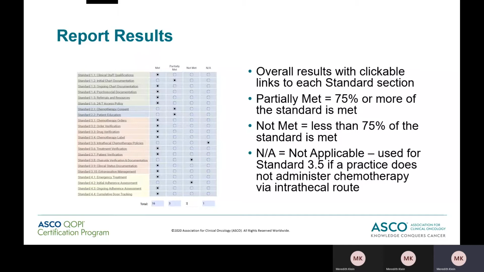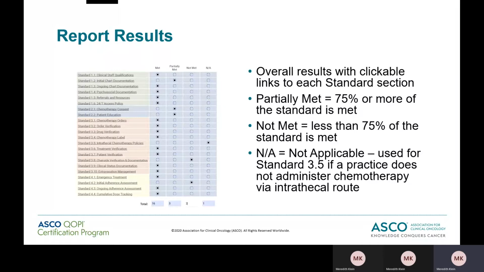I wanted just to note that there are a couple of different terms here that we've defined. A partially met standard means that 75% or more of the standard is met. It will still have a standard requirement assessed. It is an unmet standard, but it was close to being met. A not met standard means that less than 75% of the standard is met.